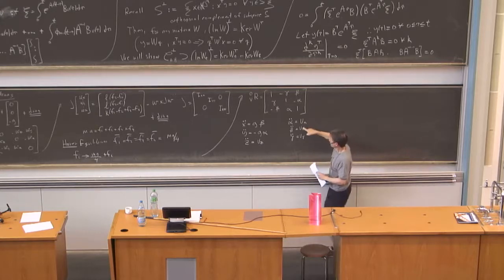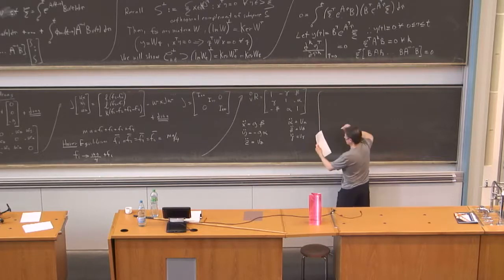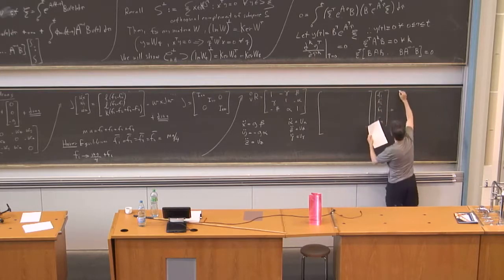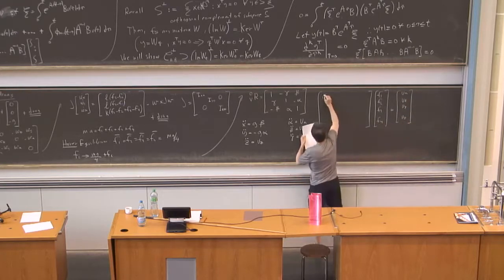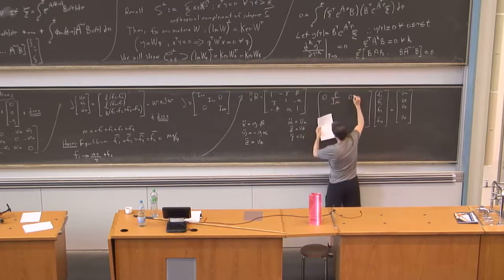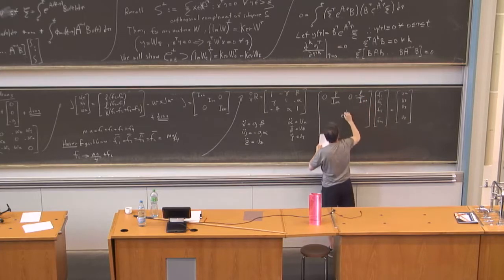And what are these u z, u alpha, u beta, u gamma? It's basically solving a matrix equation, which I'm not going to do. The terms here, 0, L over Ixx, 0, minus L over Ixx, and so on, I'm not going to write it down.